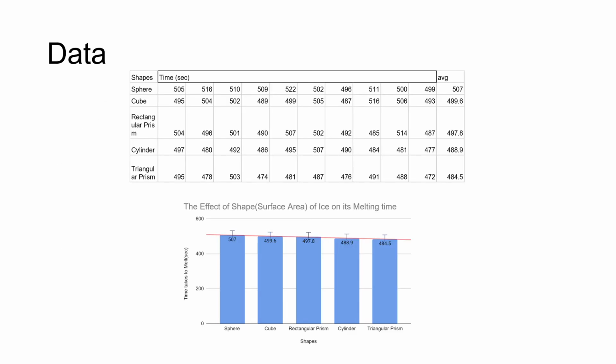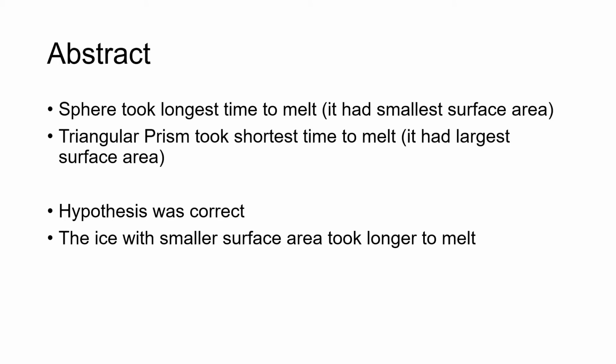So here's the data collected. Even though it might not seem like a clear difference, there's still a difference in the trend: as the surface area increases, the melting time decreases. So as you saw in the data, the sphere took the longest time to melt and the triangular prism took the shortest time to melt.